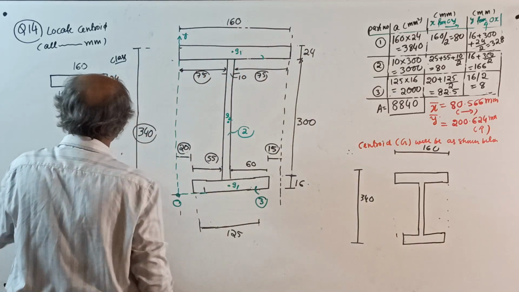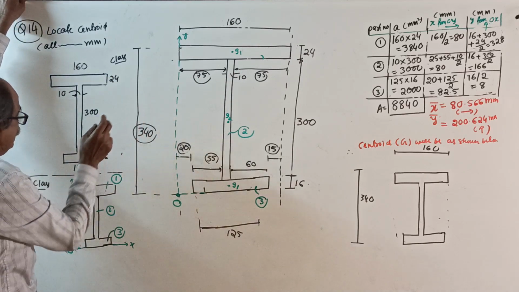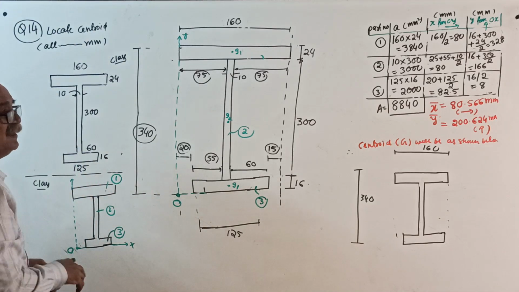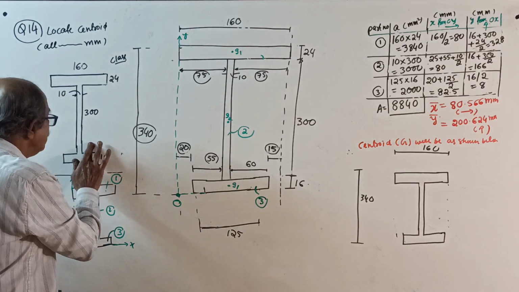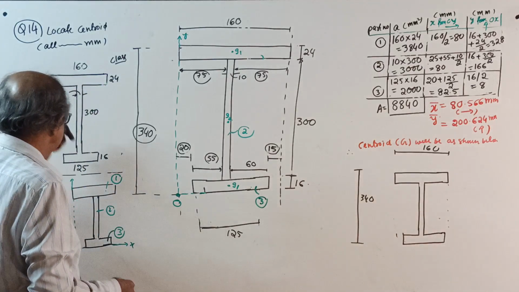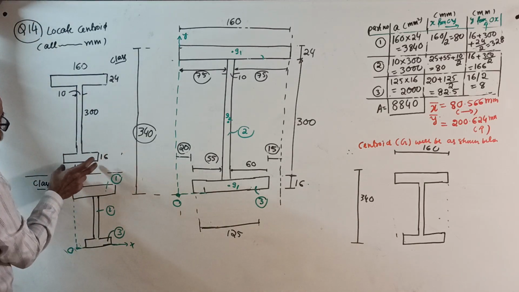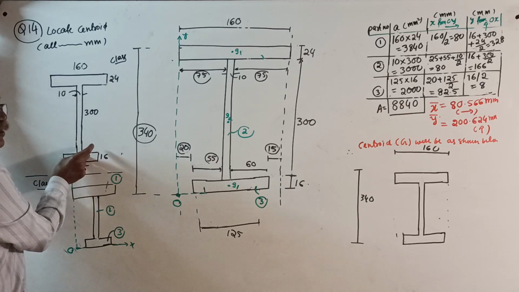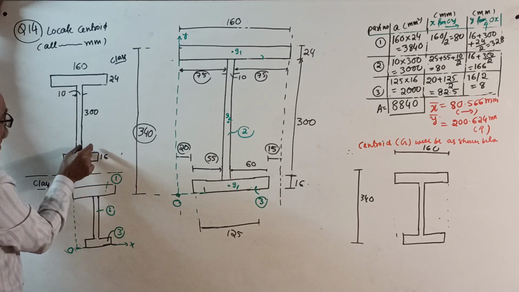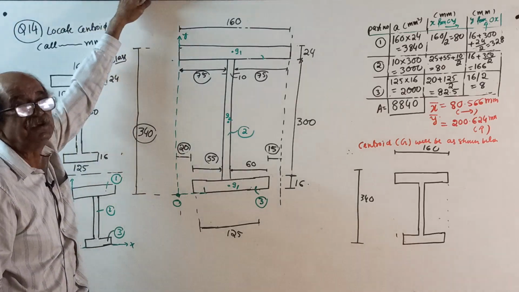But unfortunately, right here, this is 125. Again the same thing: if the offset of the bottom flange on either side, suppose this 60 is missing, then 125 minus 10 is 115, and each will be 115 by 2, that is 57.5 each.